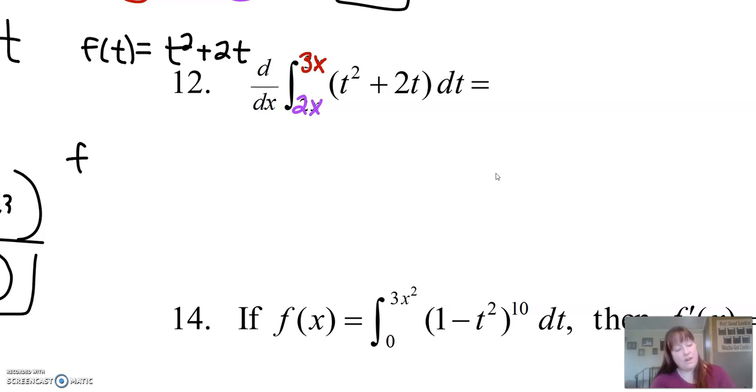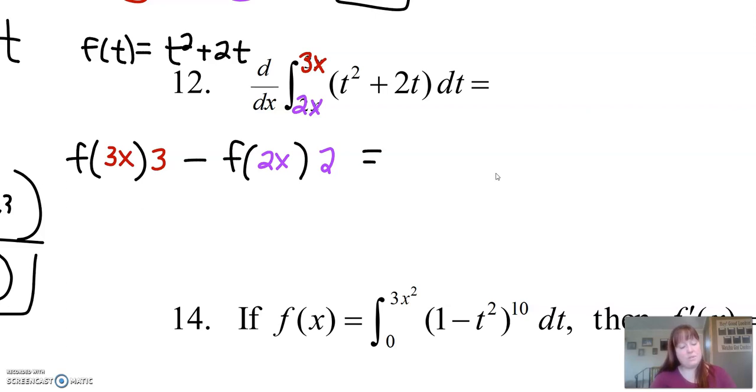We're going to find f of 3x times the derivative of 3x, which is just 3, minus f of 2x times the derivative of 2x, which is just 2.